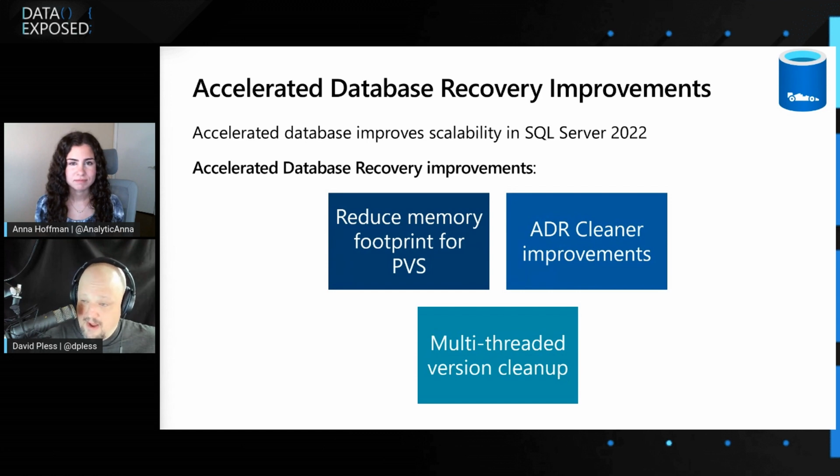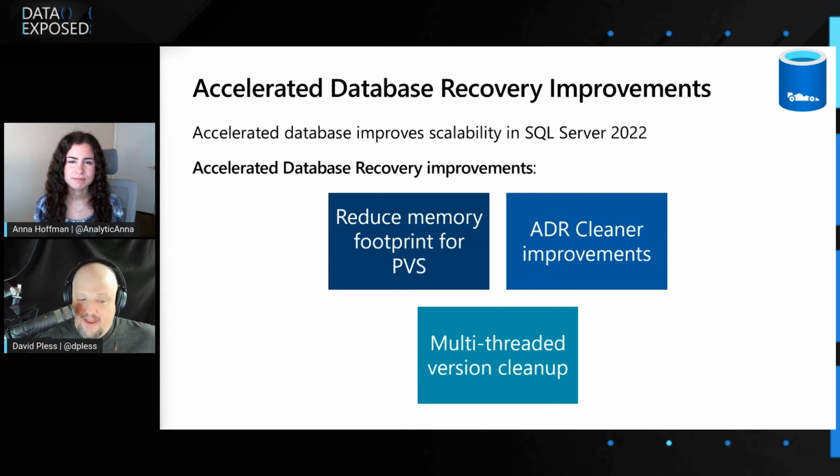Now, with that in mind, in 2022, we further enhance accelerated database recovery scalability. The user cleanup process is improved by allowing pages to be cleaned up, even if there are concurrency issues due to workloads requiring table locks. Today, if the cleaner fails to get a lock, we maintain a list of pages for which the cleanup could not take locks.